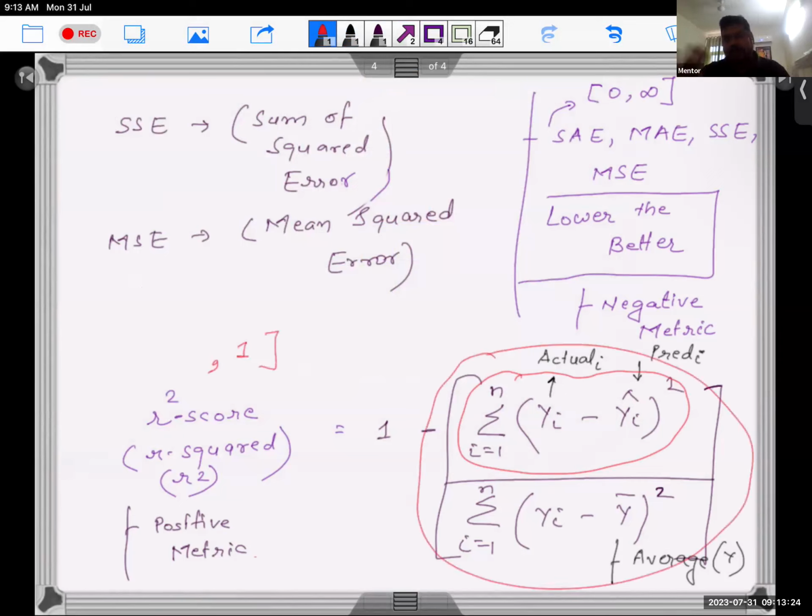If I raise to the power infinity, can I say that only that feature will contribute which has the maximum difference? Yes.